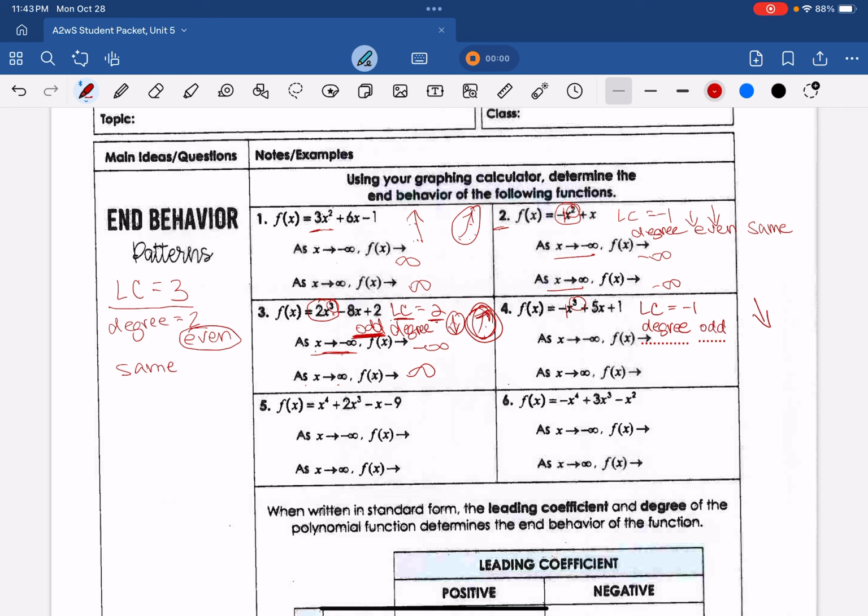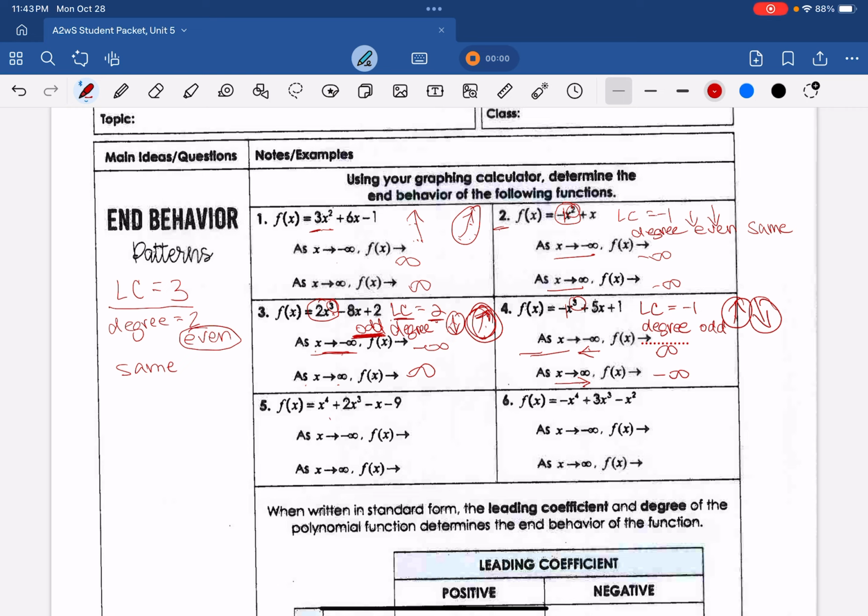So if the right side is headed down, the left side is headed up. So now we just have to determine which is the left side and which is the right side. So as x approaches negative infinity is going to be the left side. So our left side is headed up, so that's headed to positive infinity. As x approaches positive infinity, it's the right side of our graph. So we already know the right side is headed down to negative infinity.